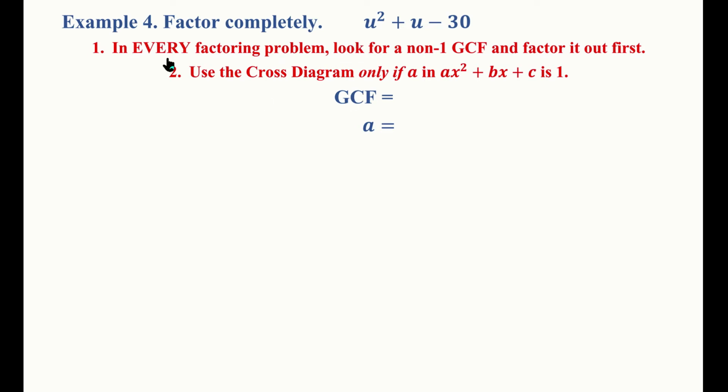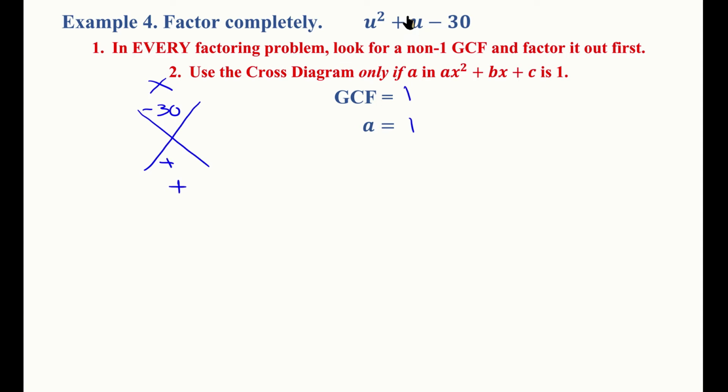All right, we notice that the GCF is indeed just 1 and the lead coefficient is 1. Because the lead coefficient is 1, we can use the cross diagram looking for two numbers whose product is negative 30 and whose sum is positive. What is the coefficient of u? Can you see?